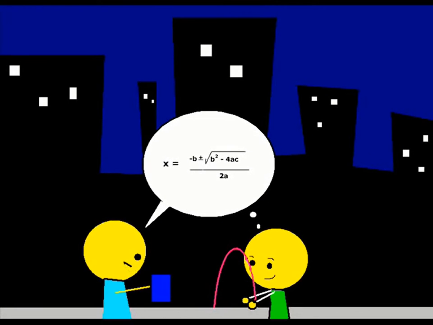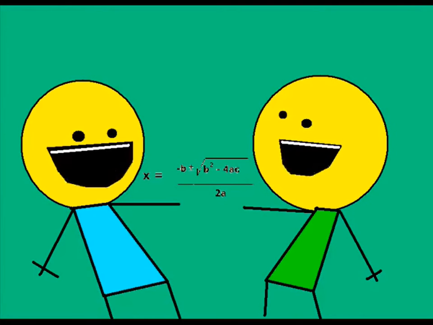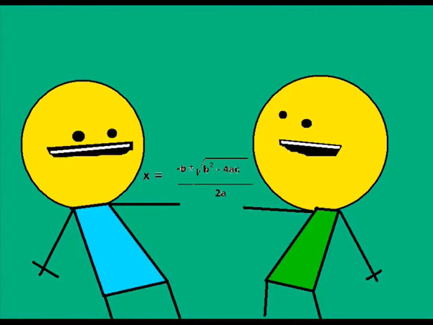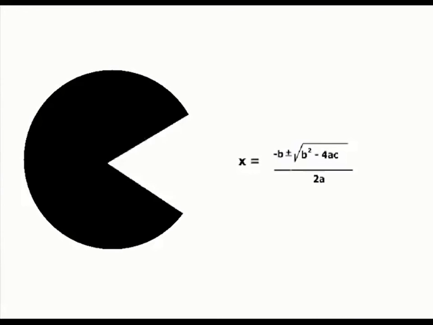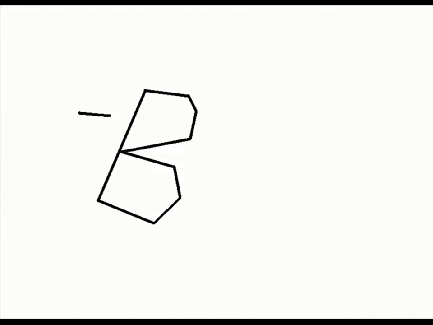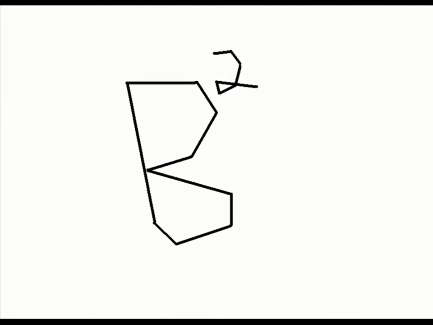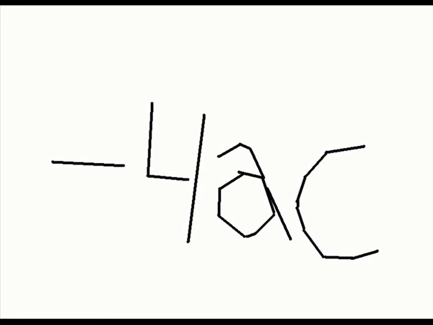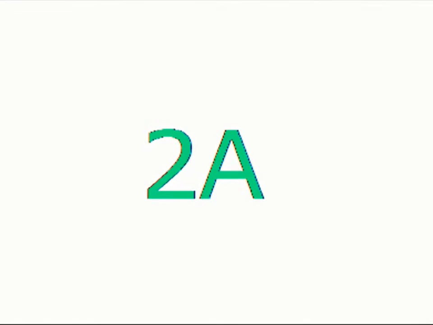Quadratic formula. And it's negative b plus or minus the square root of b squared minus 4ac, over 2a.